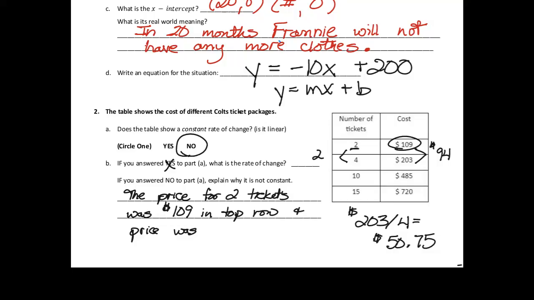Wait, I don't want to say, oh, shoot. I should have done for 1 ticket. Price for 1 ticket. Sorry. I want the eraser. 1 ticket was, how much did we say that was for 1? 109 divided by 2 is 54.50.